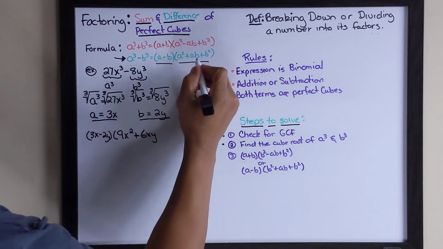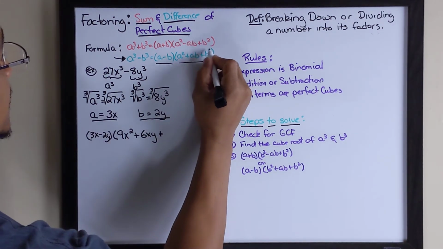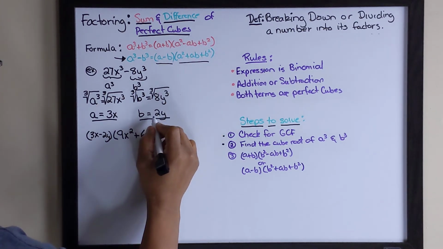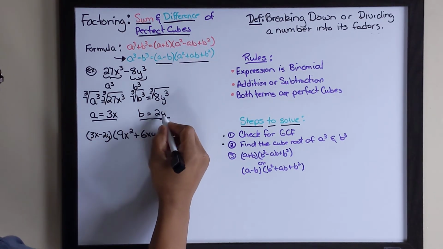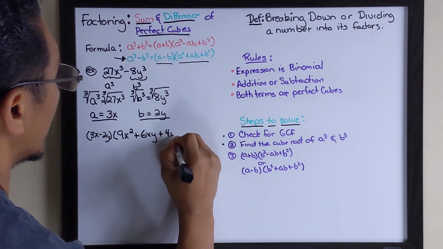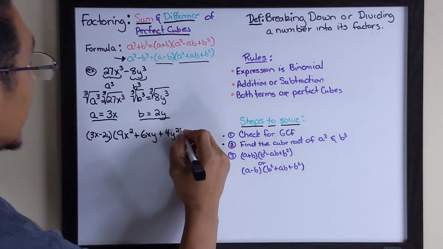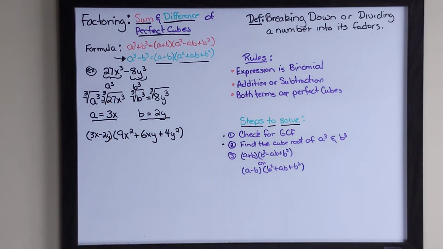Then we've got a plus sign right here in our formula, and then it wants a b squared. Since b is equal to 2y, b squared is like saying 2y times 2y, or 2y quantity squared, which is going to be 4y squared. So now that we have that, there is our answer. That is it.